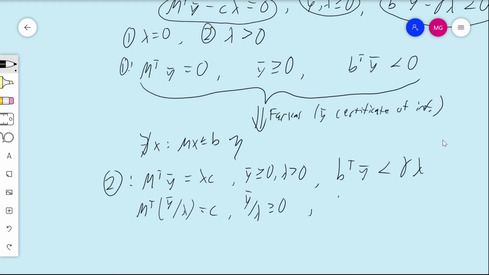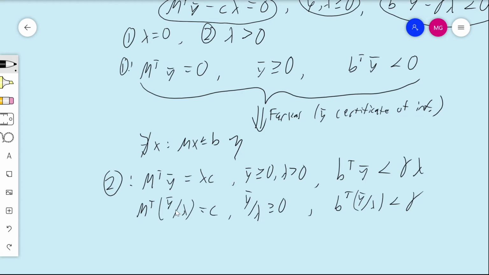And then finally, b transpose y bar over lambda is strictly less than gamma. The strict inequality doesn't change direction because the lambda we're dividing by is positive, so this retains its direction. And same thing here, the y bar vector is still non-negative after dividing by a positive value. And then, of course, for equality constraints, it was never a concern.